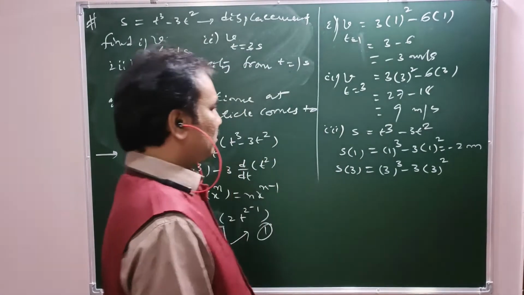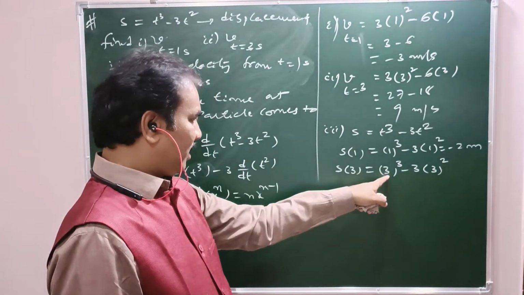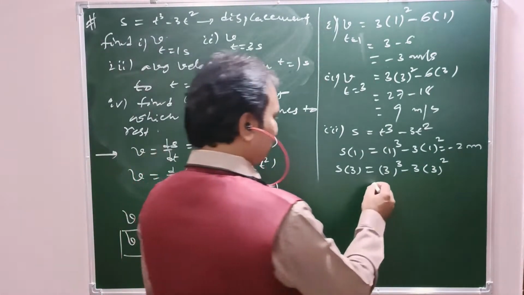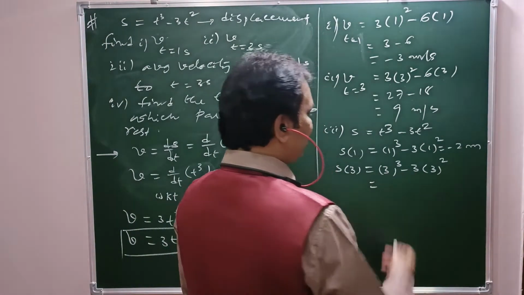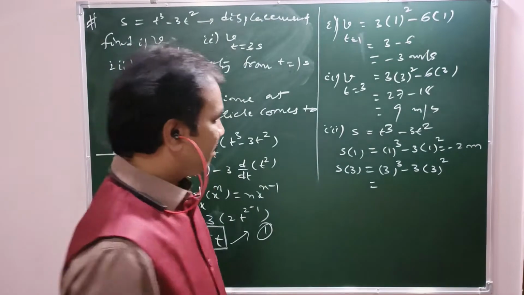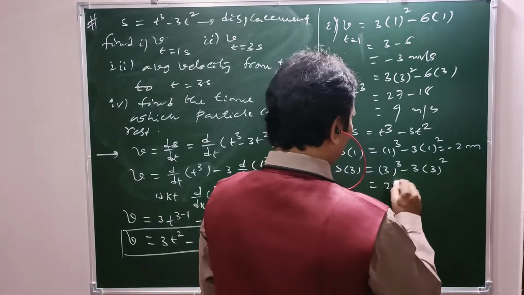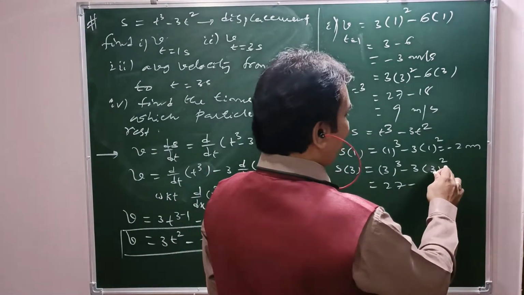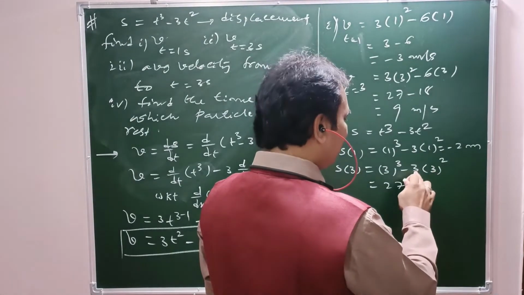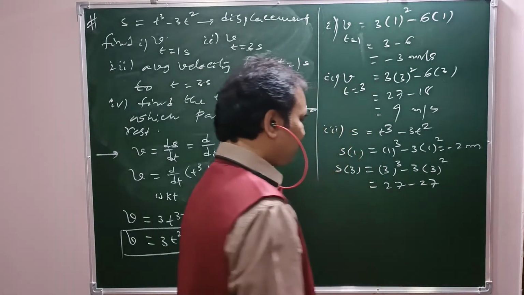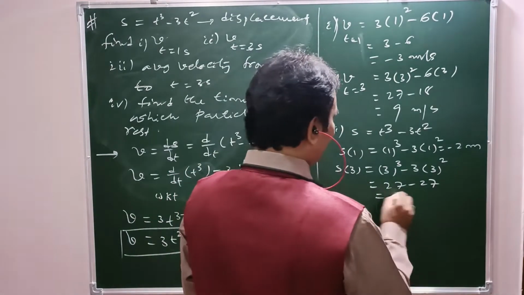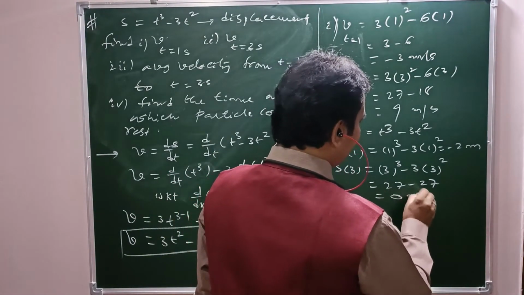We replaced t with 3 only. 3 cube means 3 into 3 into 3, 3 3 is 9, 9 3 is 27. Minus 3 square means 9, 9 into 3, 27. That is 0 meters.